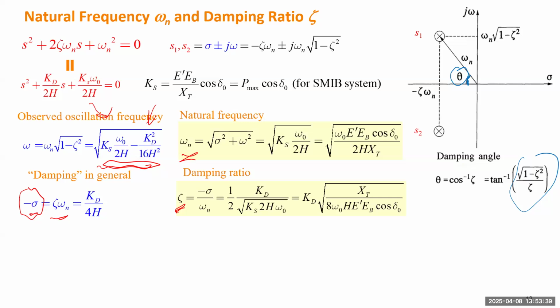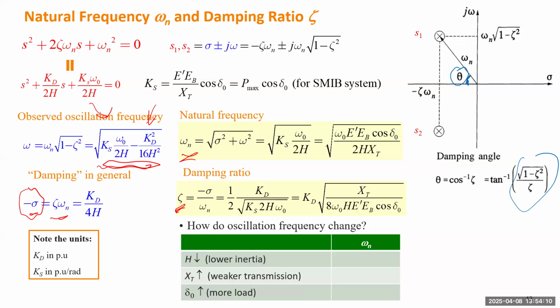So if you know the natural frequency, you multiply by some ratio to give you the damping. That's why zeta is called the damping ratio. Those formulas are very useful for calculating either omega and sigma, or omega n and zeta. Please note here the unit for KD is per unit, and KS is per unit per radian.